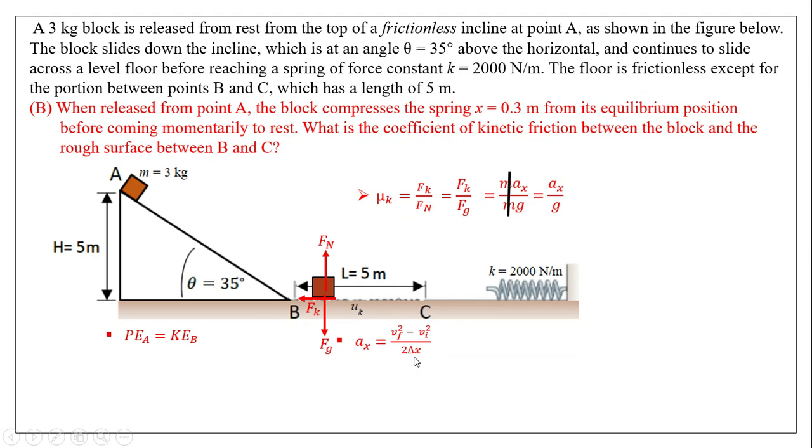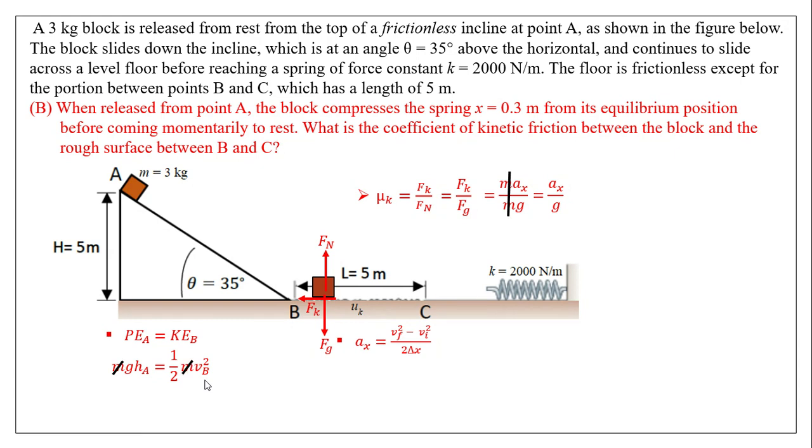So even though this function here says delta x, I know that the length of the segment BC is 5 meters. So the only thing I don't know is Vf squared and Vi squared. So similarly, I want to set up conservation of energy from A to B, and then from here I'm going to break up PE into mgHA, KE into 1/2 mvB squared.